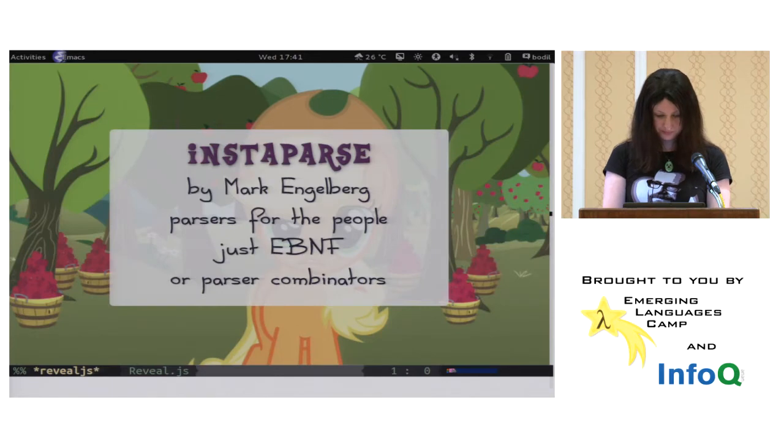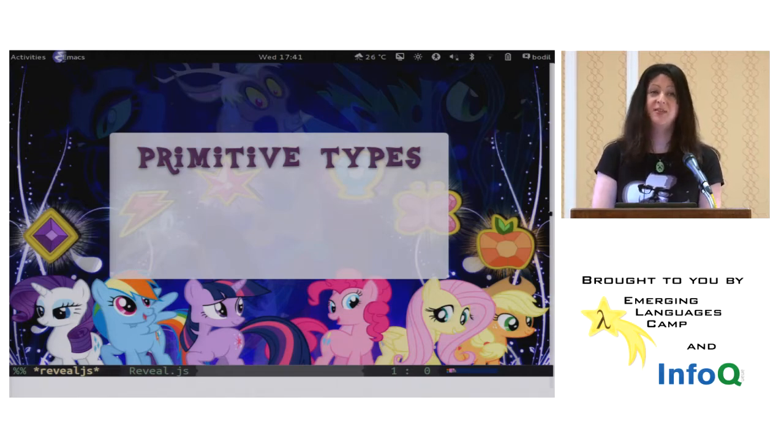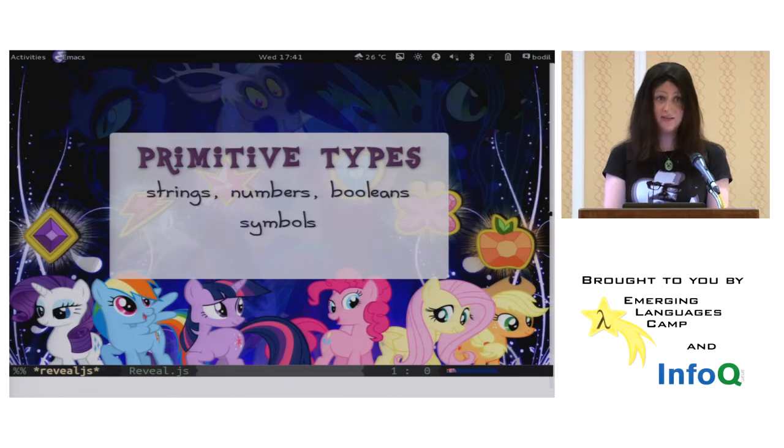There we go. So another thing you need is primitive types. By that, I do not mean types in the type system sense, obviously. I mean runtime types. Like strings, numbers, booleans, symbols, this being a Lisp, it's got to have, would it be right to call them first-class symbols? Let's call them that.